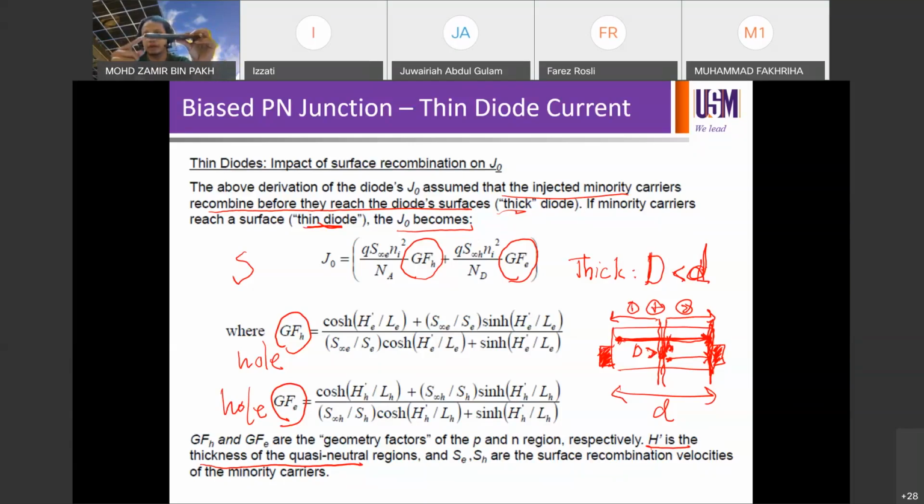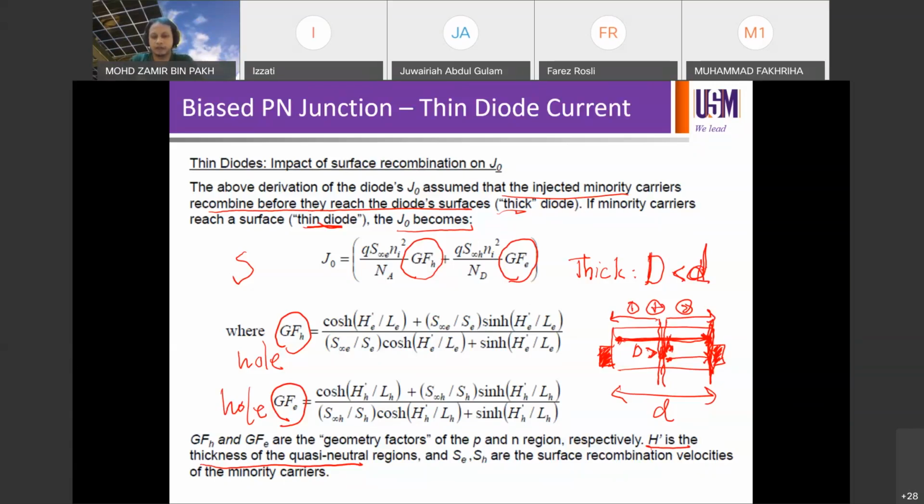So the rest of the volume of the material is actually the quasi-neutral regions, approaching the device thickness. The depletion region thickness over the whole device thickness is negligible, so the quasi-neutral region can be approximated as close to the device thickness.